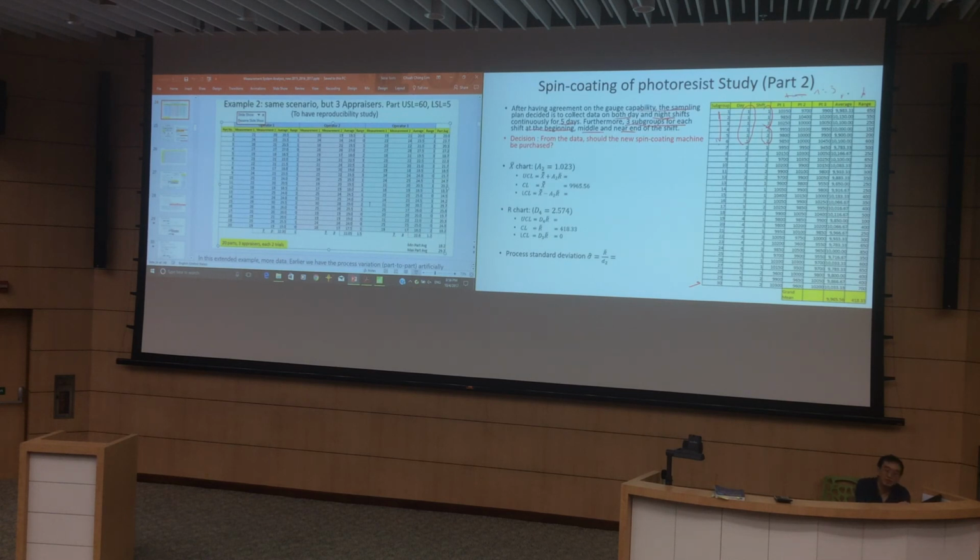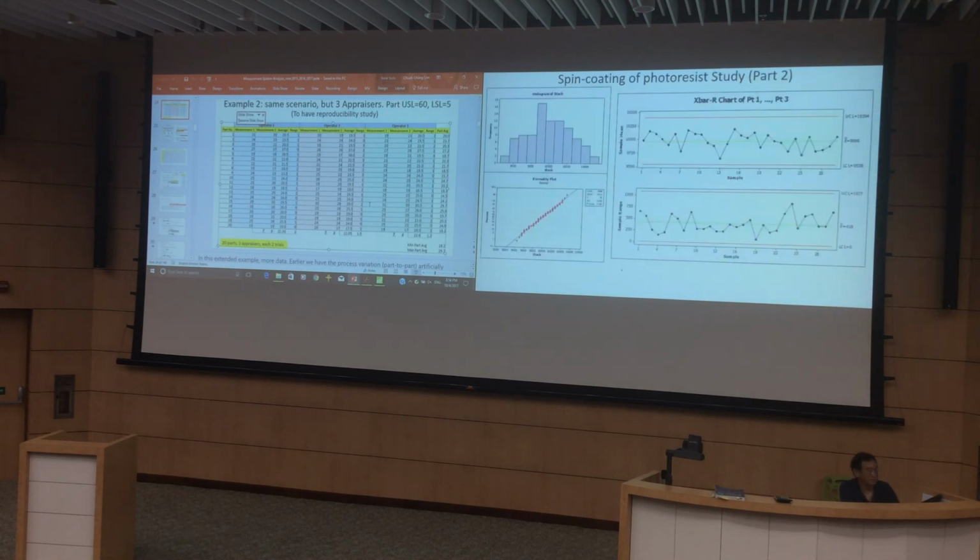So again, you go through the control chart, the same thing, you calculate it and get this. Then normality, those are things there. We all tired already.